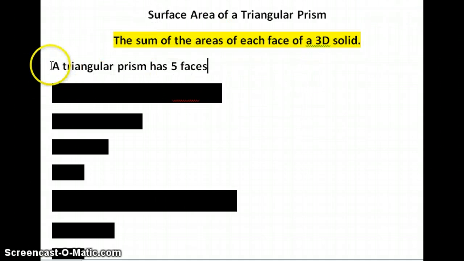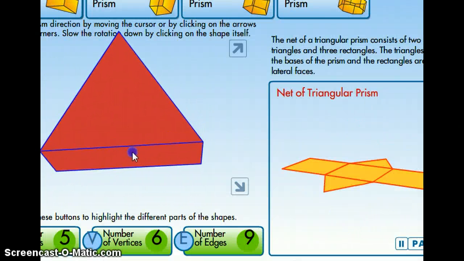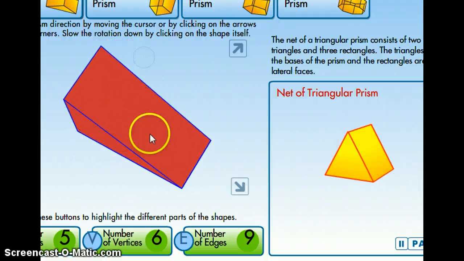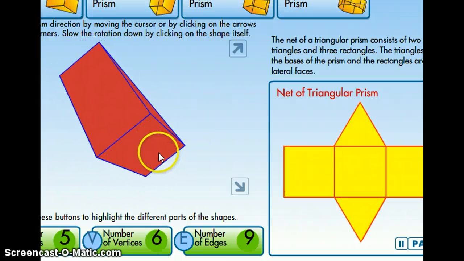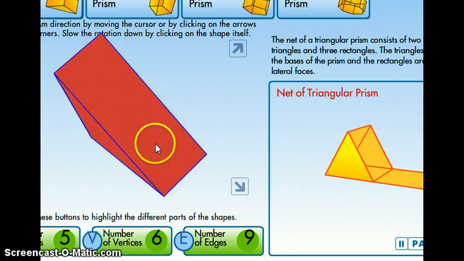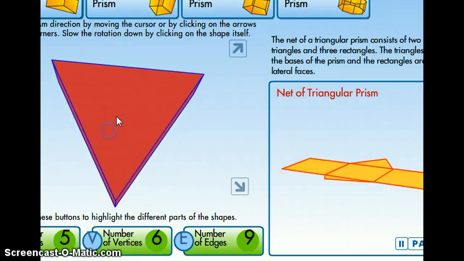Okay, so right now what we know is that a triangular prism has 5 faces. So there are 2 of these triangles, plus 3 of these rectangles. This is an equilateral triangle, so all 3 of the rectangles are the same, 1, 2, and 3, and these 2 triangles are the same.